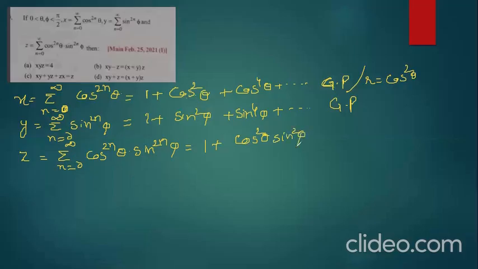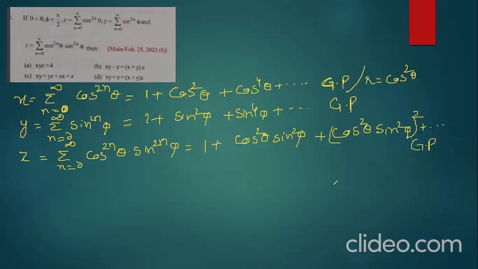Then the next term, if n is equal to 2, is cos square theta sine square phi whole square, and in the same manner plus so on. So this is also again a GP.